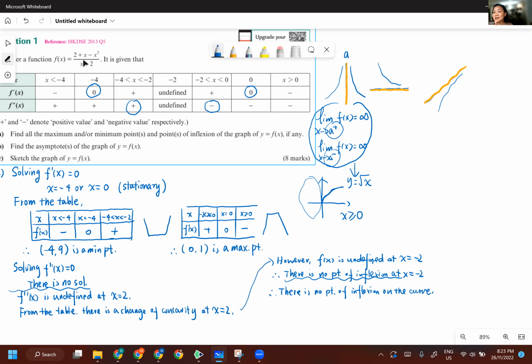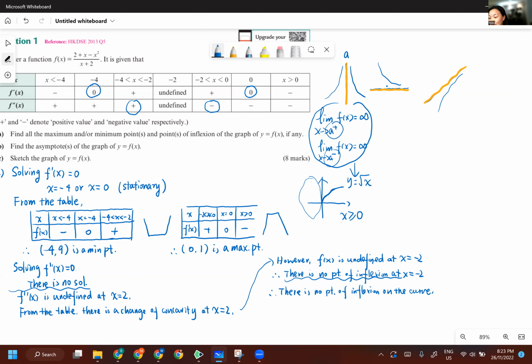You will get the limit equals to infinity. Later on, I will show you. So that is the first type, where the function is broken and the curve goes to infinity, and that is the asymptote. Second type, horizontal.